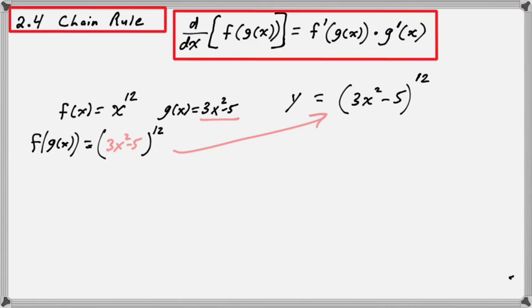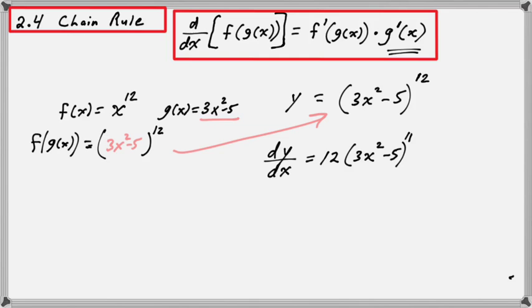So when you take the derivative, you do f prime of g of x times g prime of x. Basically, I've always told you that if you're taking the derivative, for most things, it's power times base to the 1 less power, right? Now I'm giving you the rest of the story.